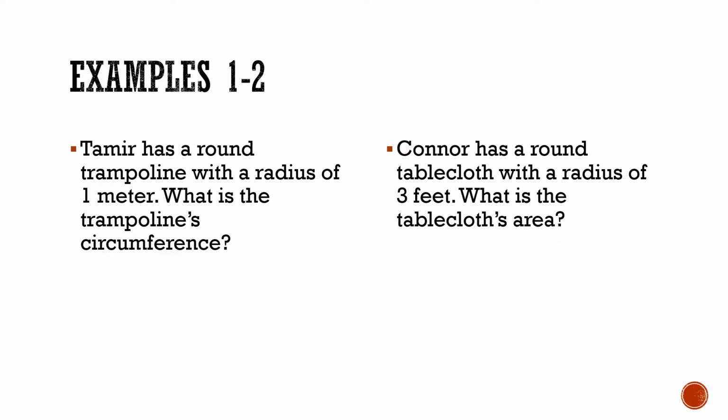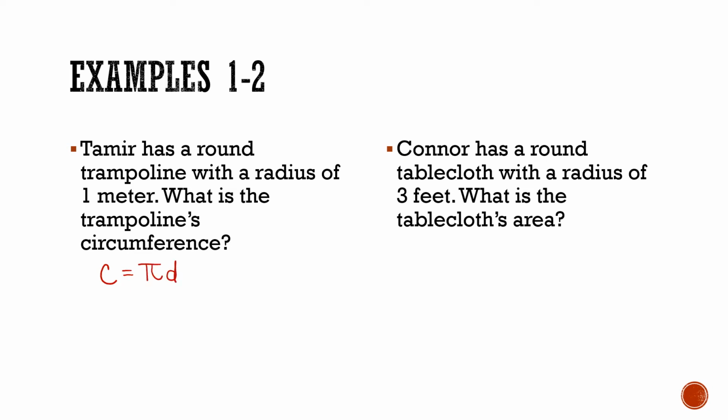So our first example says Tamir has a round trampoline. Okay, so you can imagine the trampoline with a radius of 1 meter. What is the trampoline's circumference? Okay, so the first thing you should recognize is, hey, we're doing circumference here. So we're going to use C equals pi d.